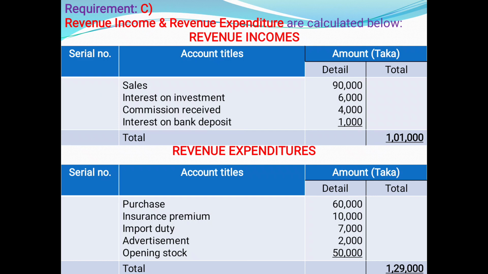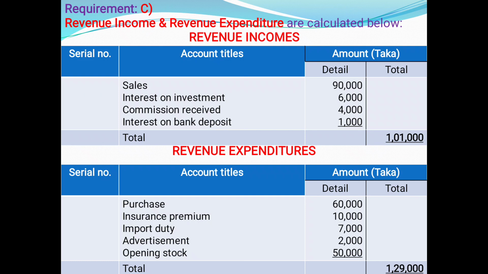In this math, totally 4 items are included in revenue income. Number 1, sales taka 90,000 in the detail column, interest on investment taka 6,000 in the detail column, commission received taka 4,000 in the detail column, interest on bank deposit taka 1,000 in the detail column. Total amount of revenue income is taka 1,01,000.